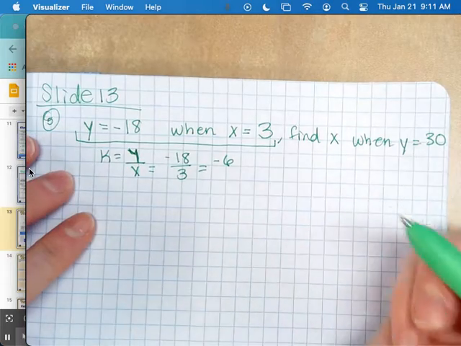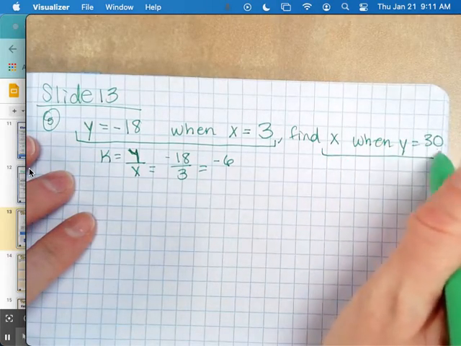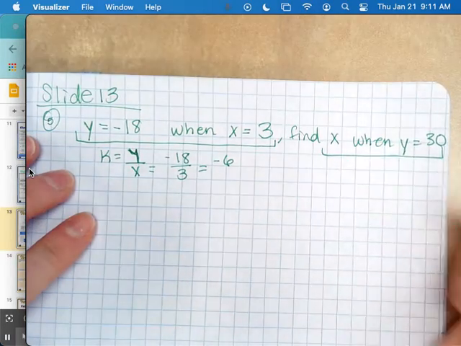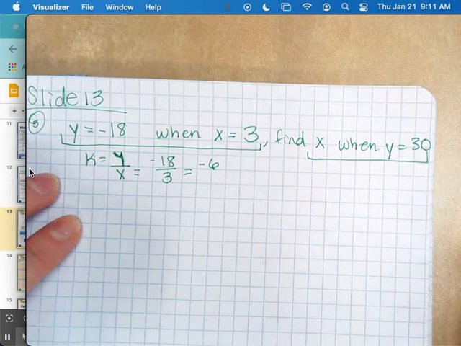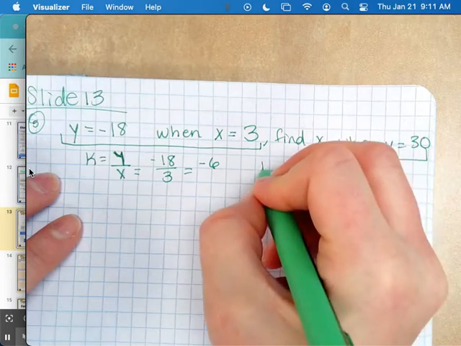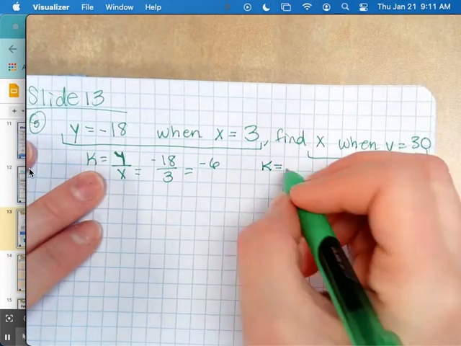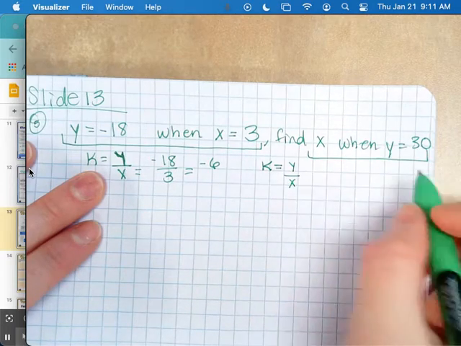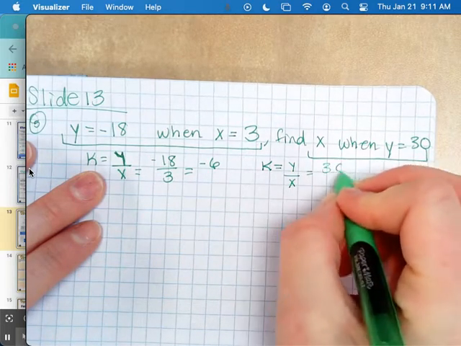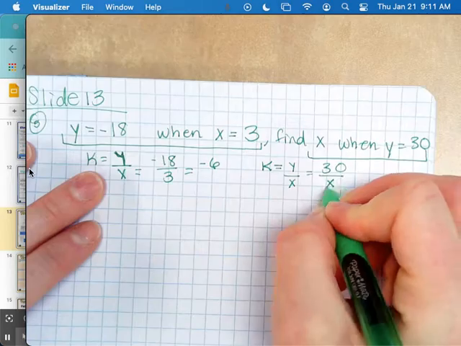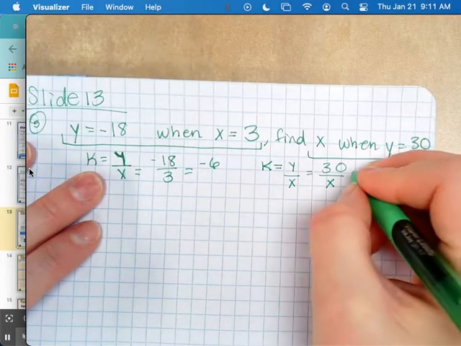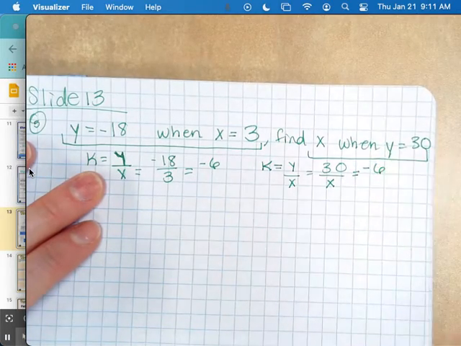So then it says find x when y equals 30. We don't know what x is. We know that k is -6. So y over x, so y is 30 over x. We don't know what it is, but we know that this is going to have to equal -6.